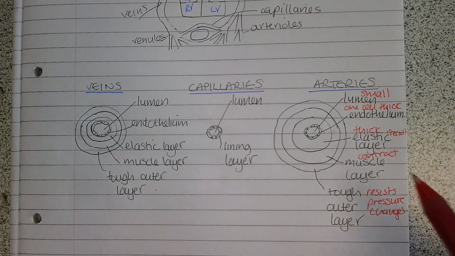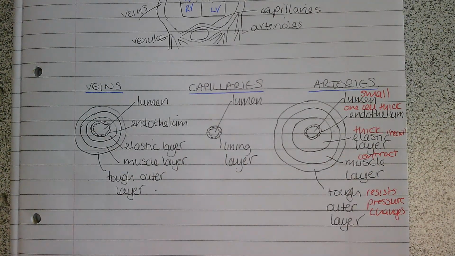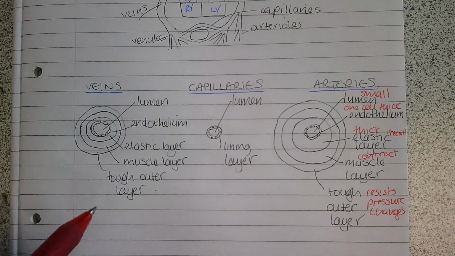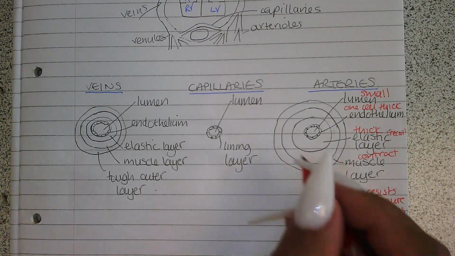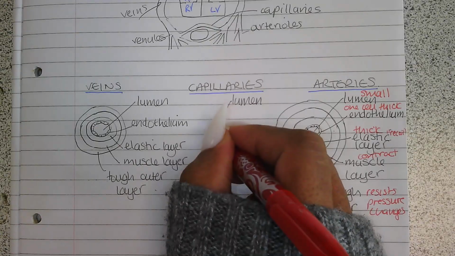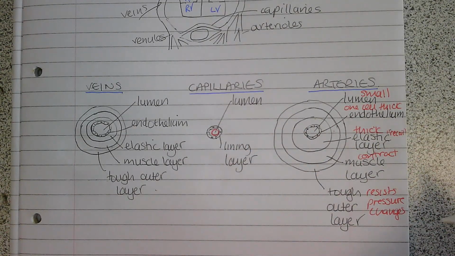The capillaries have a lumen which is relatively large for their size, although they're very small compared to arteries. The width of the capillary is about the width of a red blood cell. That just gives you an idea of how small they actually are. If we consider a red blood cell moving through here, it would probably just about fit.